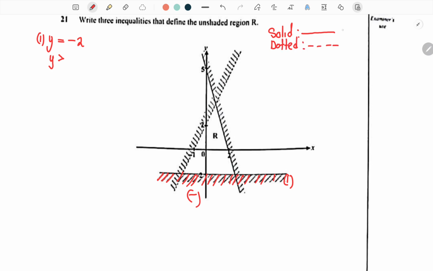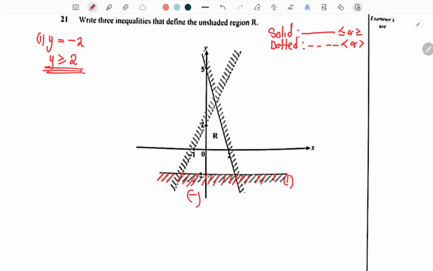Whenever you have a solid line, it can either be less than or equal to or greater than or equal to. When you have a dotted line, it can either be less than or greater than. So because it's a solid line and it is going downward, we have to do the opposite. So it's going to be greater than or equal to -2. And that becomes your first equation.